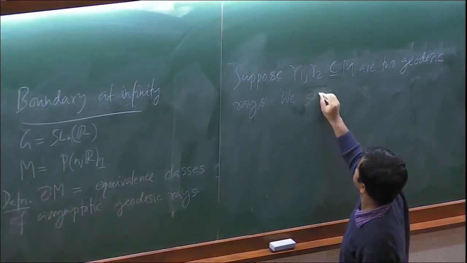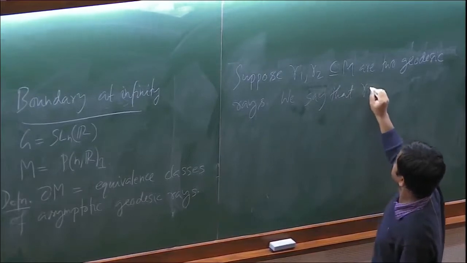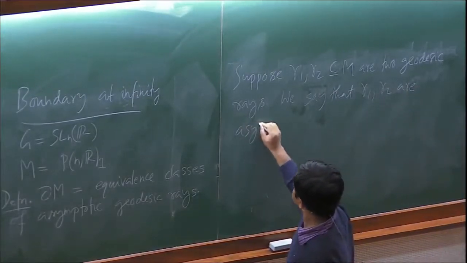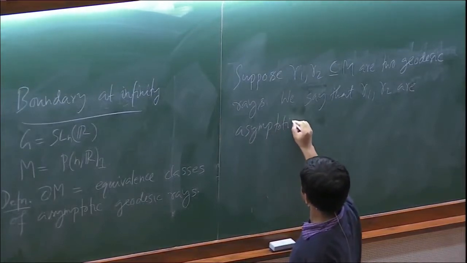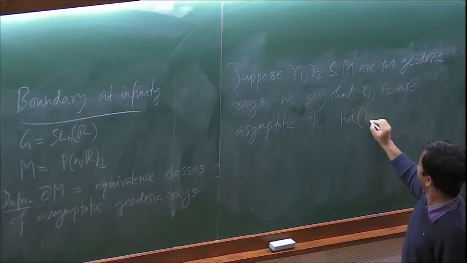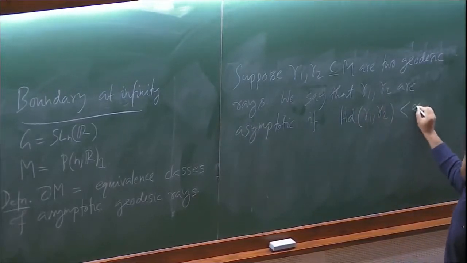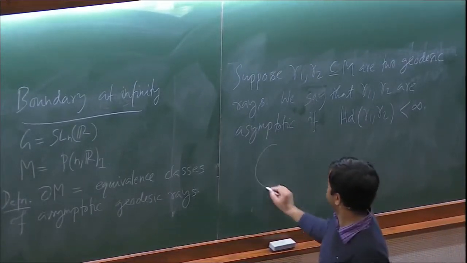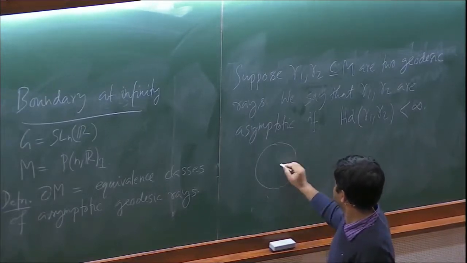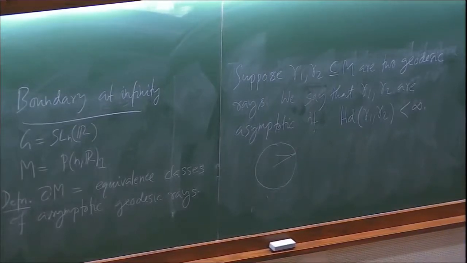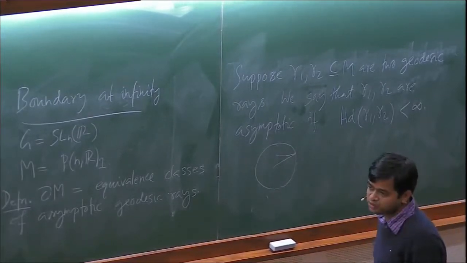Gamma 1 and gamma 2 are asymptotic if the Hausdorff distance between gamma 1 and gamma 2 is finite. For instance, in the case of the hyperbolic plane, we have seen this kind of thing. They cannot be drawn very precisely, but asymptotic geodesics we draw like this.